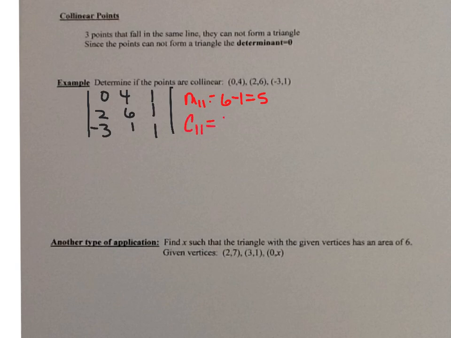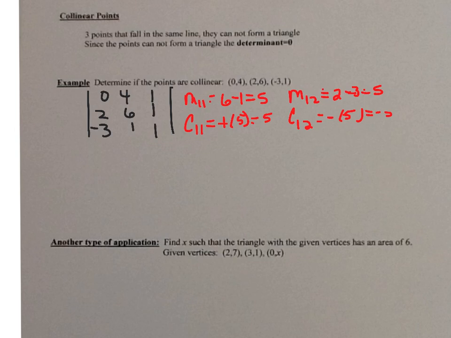Cofactor 1, 1 is going to be positive 1 times 5, which is 5. Minor 1, 2. Minor 1, 2 is going to be 2 minus negative 3, which is positive 5. So cofactor 1, 2 is going to be negative 1 times 5, which is negative 5.